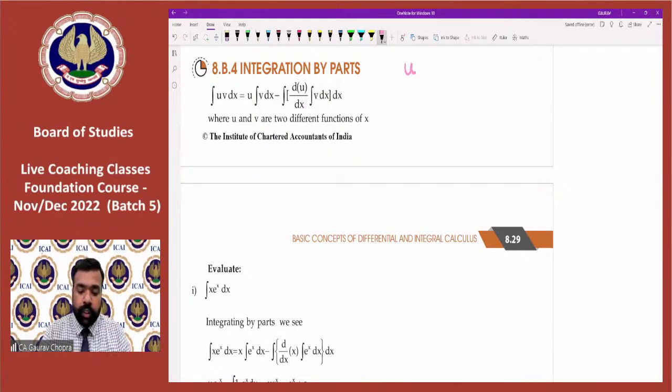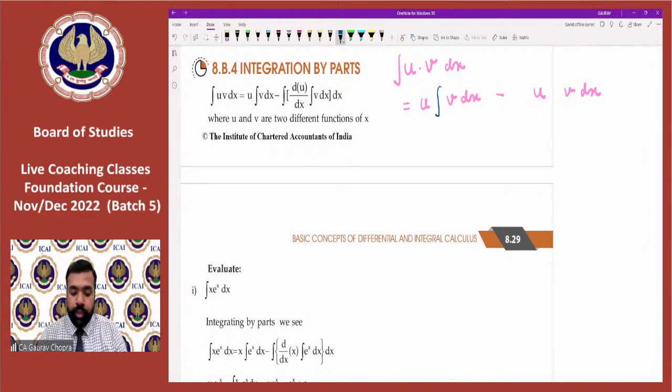So there are two functions, one is u and second one is v, and we have to integrate them. So we can write integration of u and then some space v dx, then put the minus sign, again put u, then some space v and then put dx. Okay, u v dx minus u v dx. After that, what to do? Between u and v, make the integration symbol.